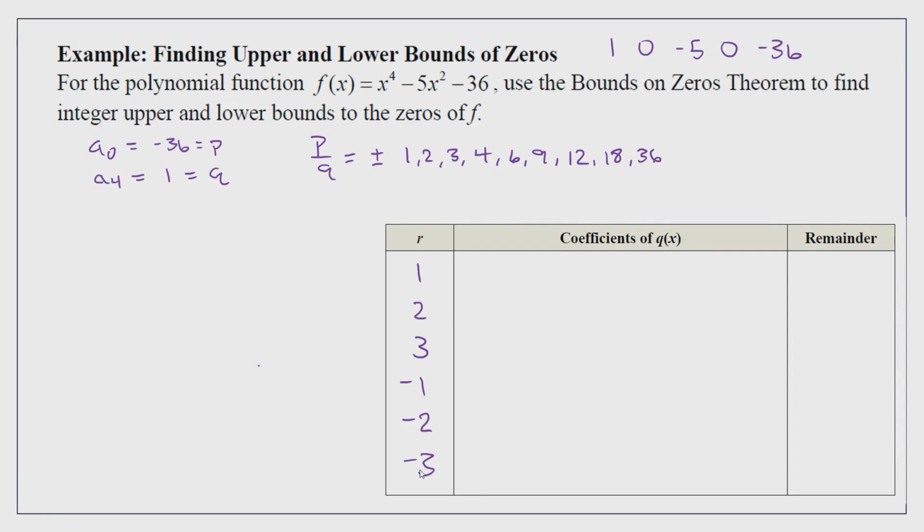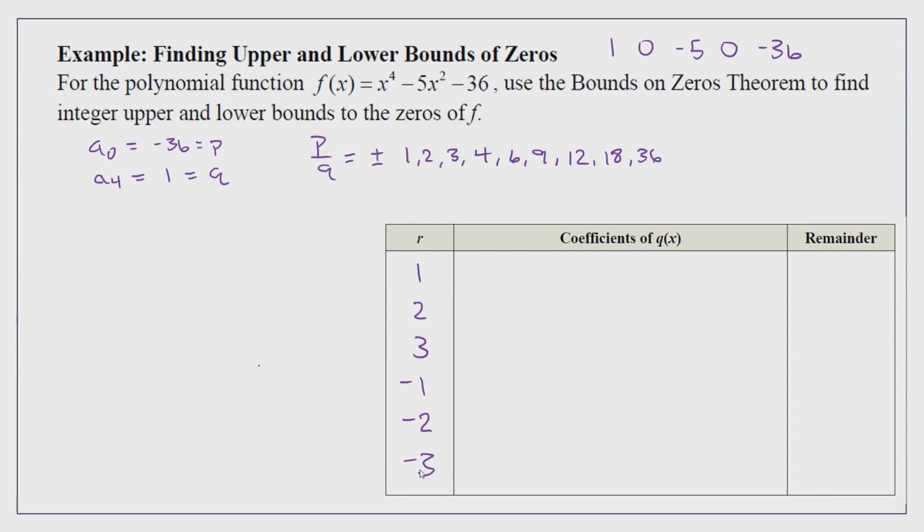Okay. So the goal is if all the numbers in the bottom, excluding the remainder, are non-negative when we perform synthetic division, then the value of R is an upper bound.